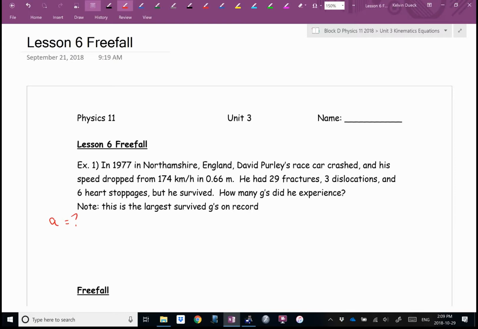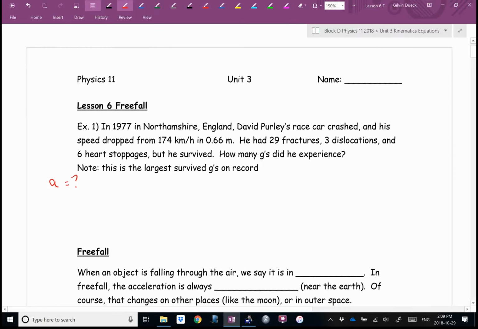Okay, enough. What's that 174? VI. I don't like the units, so I'm going to write VI equals 174 kilometers per hour, and now an equal sign. We have some way to go from kilometers per hour to meters per second. It's something to do with a 3.6. Divide by 3.6? Which one, please? It's on your green sheet.